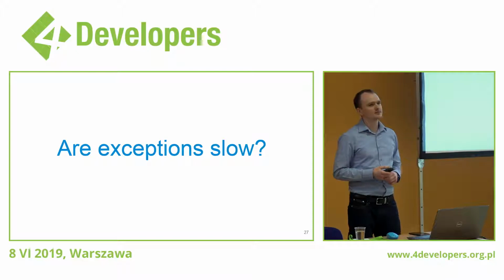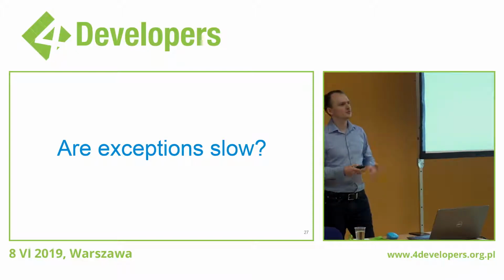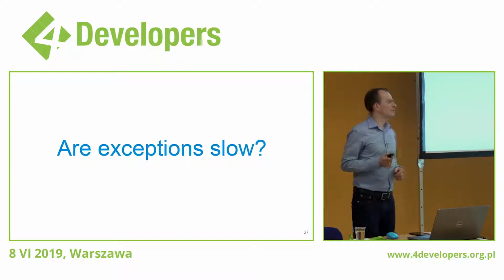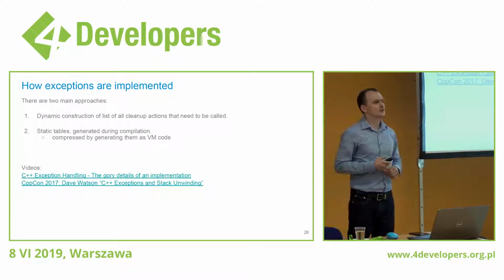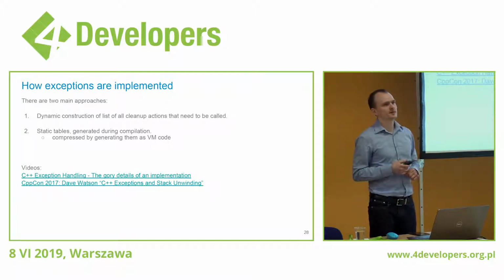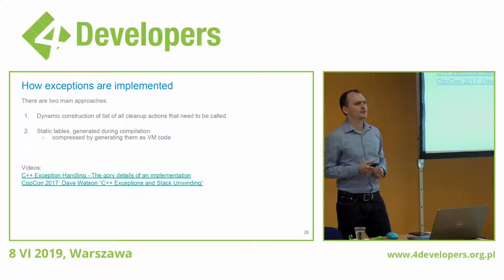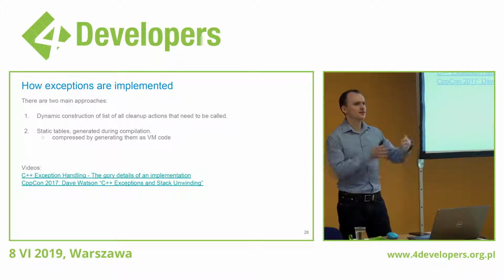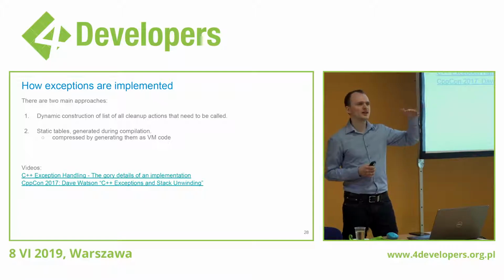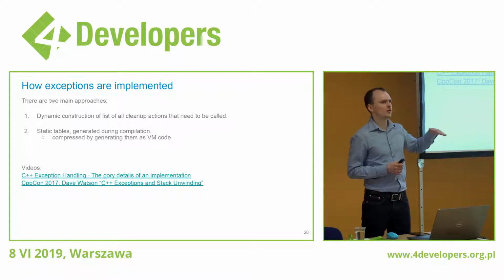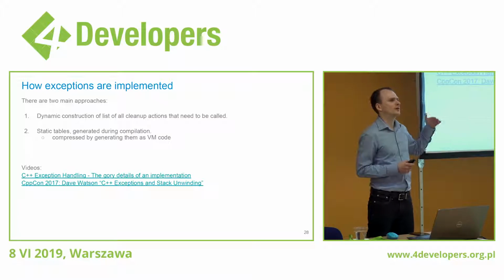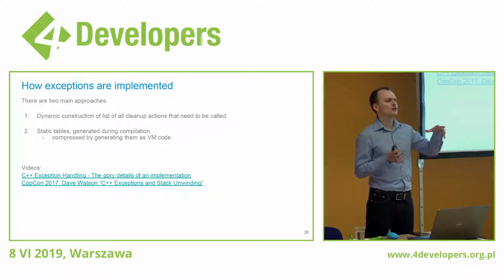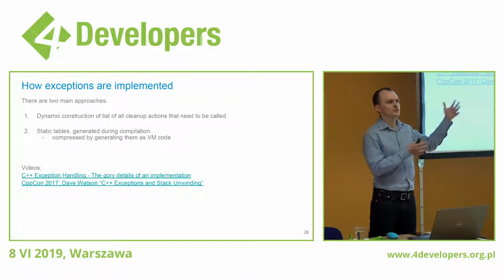OK, so yeah, are exceptions slow? People say often that they are very slow. So let's talk about this for a moment. First of all, usually exceptions are implemented like this. A compiler at compile time generates static tables that describe for each instruction in your code how to unwind the stack during an exception, which objects to destroy, and in which order.